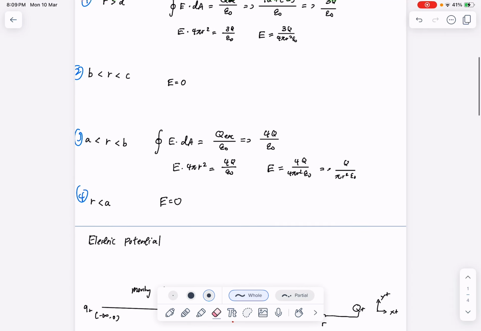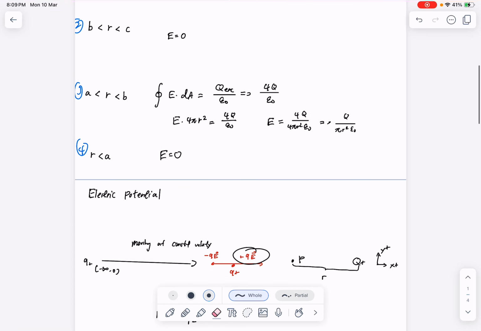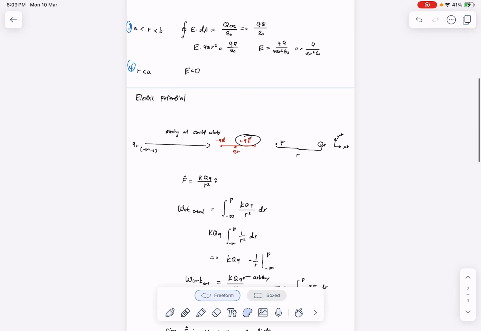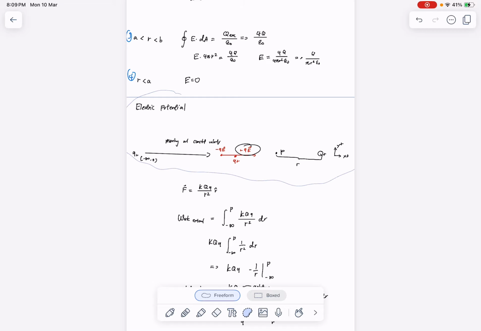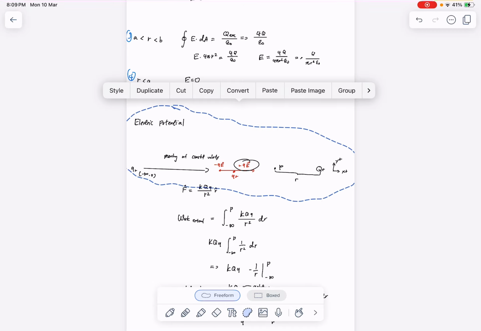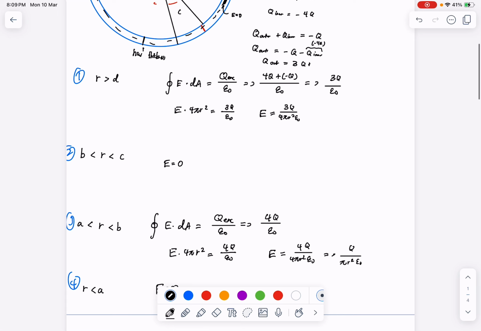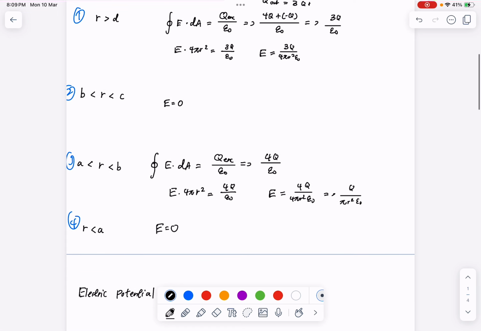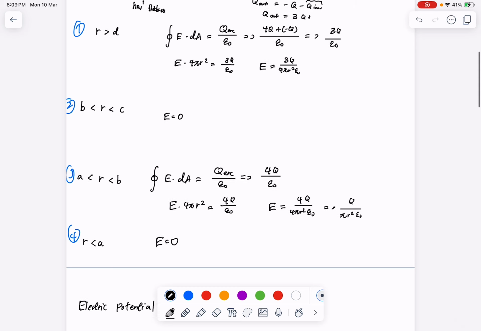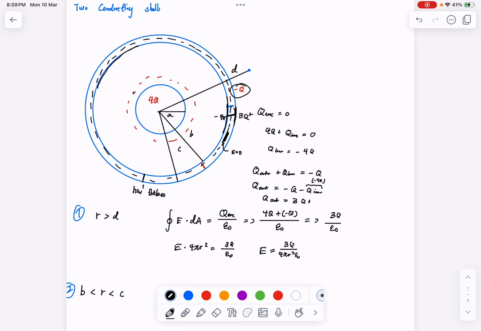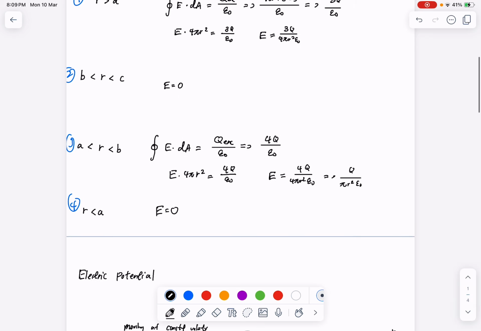Okay, so let's find the electric potential of everything. I will just move this downwards a bit. So the electric potential, let's start with region 1 and work our way all the way to region 4.